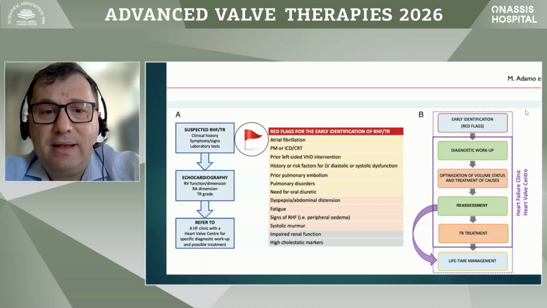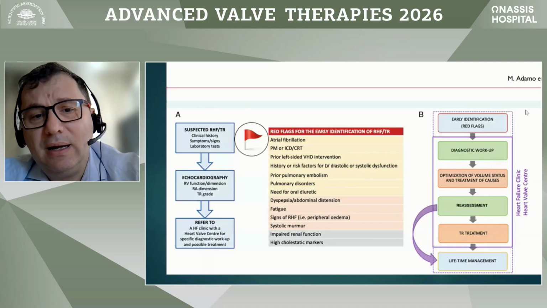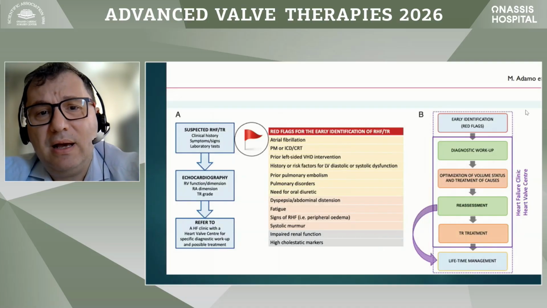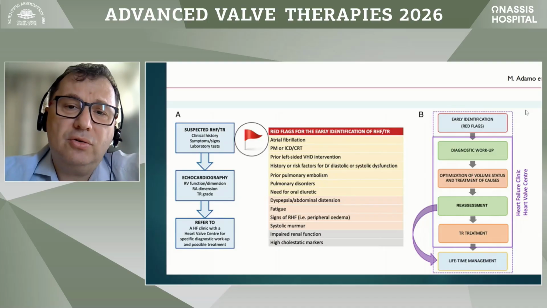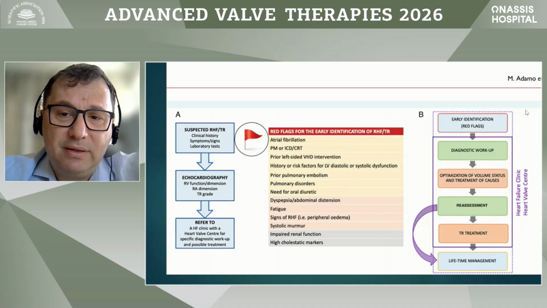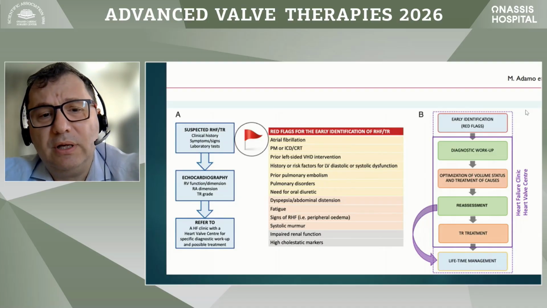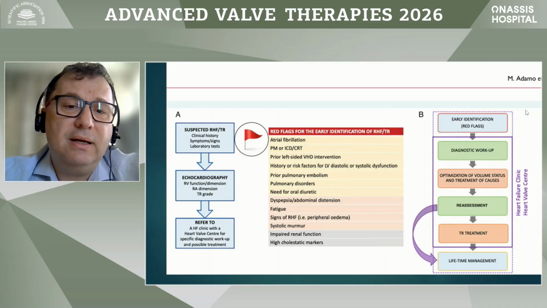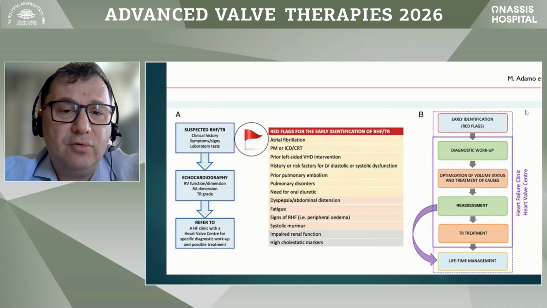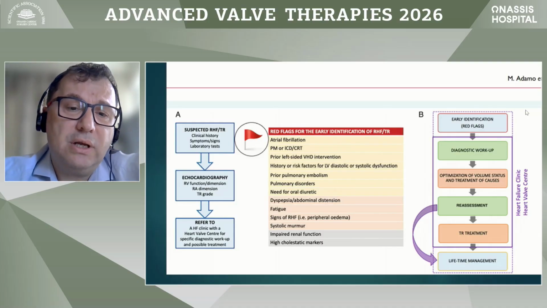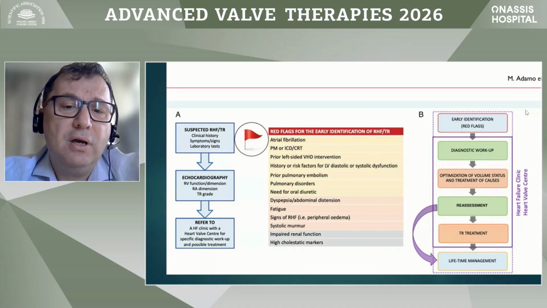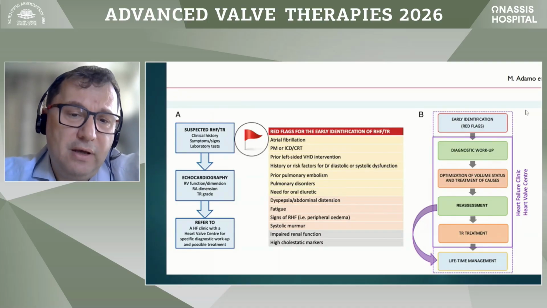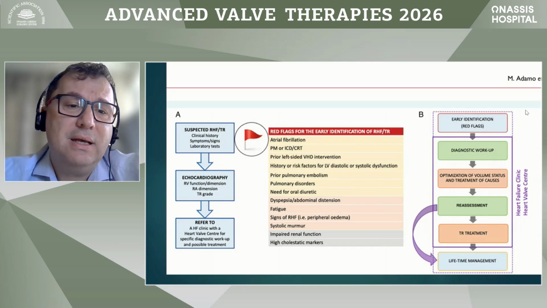We see that the more severe tricuspid regurgitation becomes, the more severe become also the symptoms of our patient. And there are some red flags for the early identification and treatment of tricuspid regurgitation: dyspepsia, abdominal distension, fatigue, signs of right heart failure and systolic murmur, and of course, impaired renal function or renal failure, and high cholestatic markers.